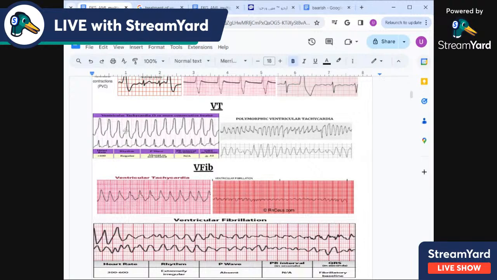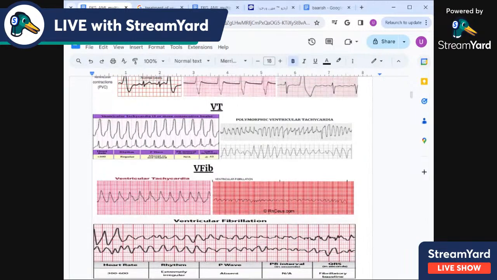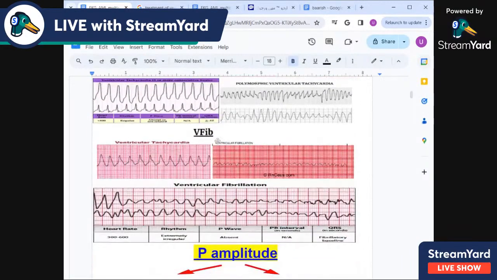Rate is fast, of course, VTAC, more than 100. And this is the polymorphic on the right side, polymorphic ventricular tachycardia, in which P is absent also, and QRS are wide and irregular, and they vary from beat to beat. So these conditions, I will discuss this VTAC in detail later on.